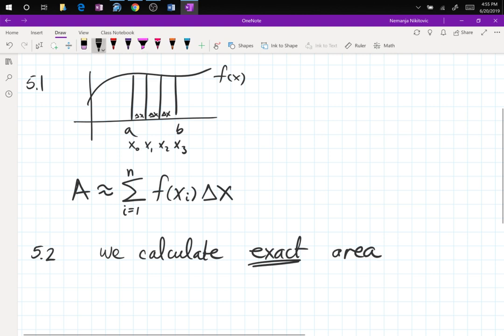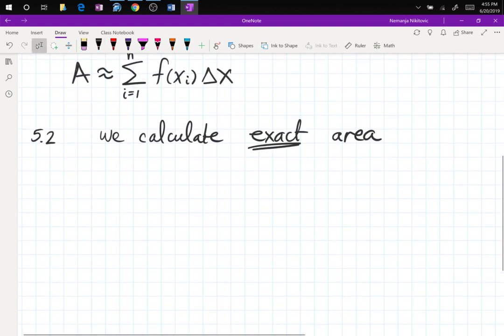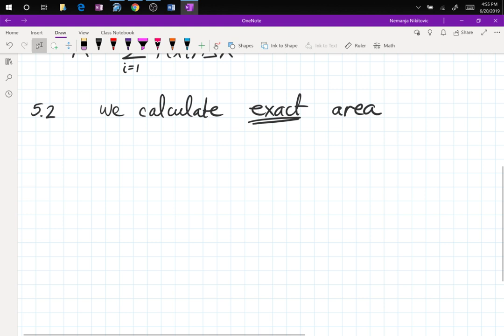Now, to get there, we have to develop a formula for it. And that formula, in this case, is going to be obtained by looking at this picture and making some connections here.